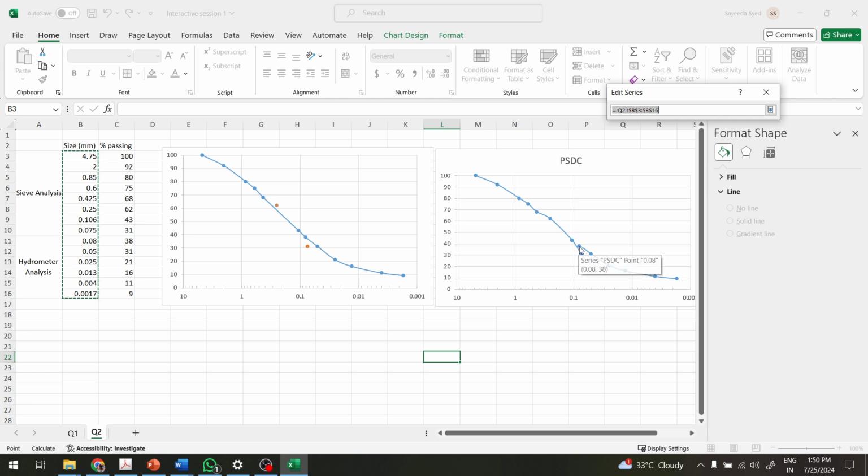This value is 0.08 and 0.05. So we will have this and this, and in the y direction we will have this. Oh, this is also omitted. This is 0.25.